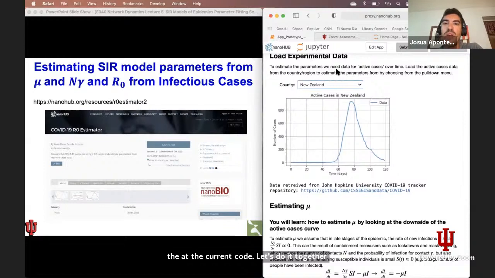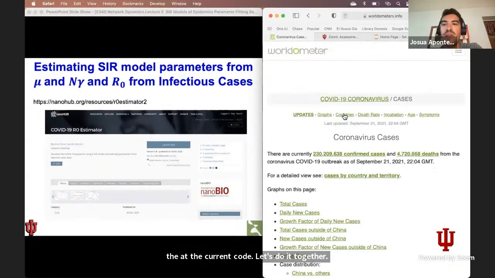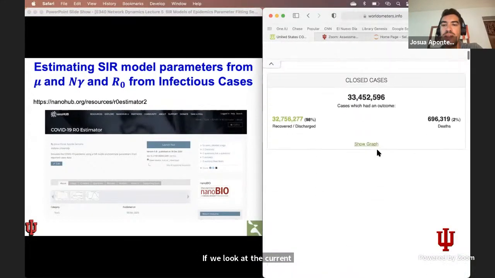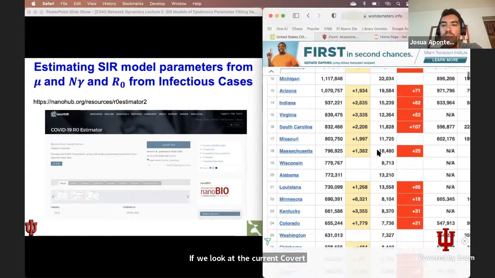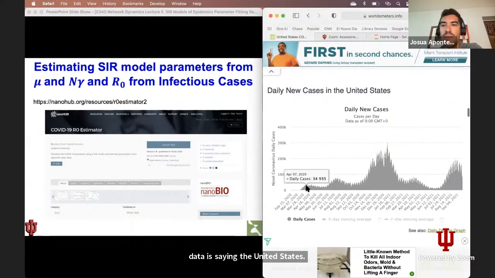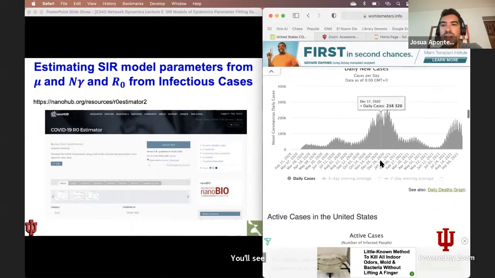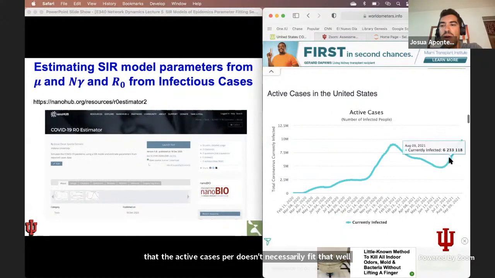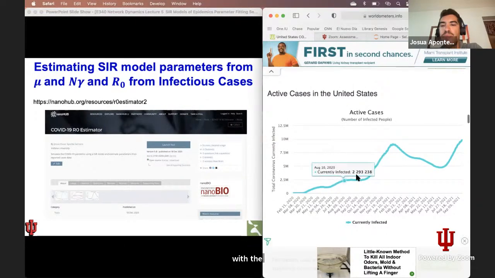If we look at the current COVID data, let's say in the United States, you'll see that the active cases curve doesn't necessarily fit that well with the SIR model curve.